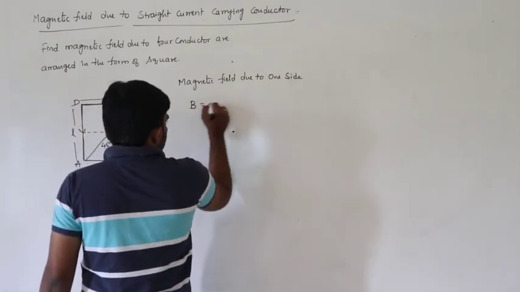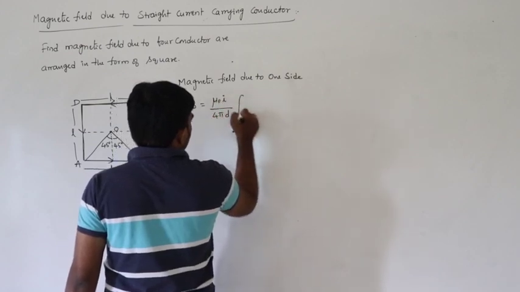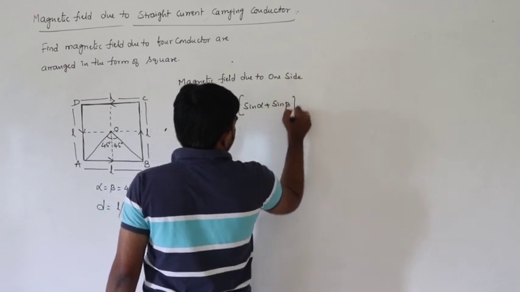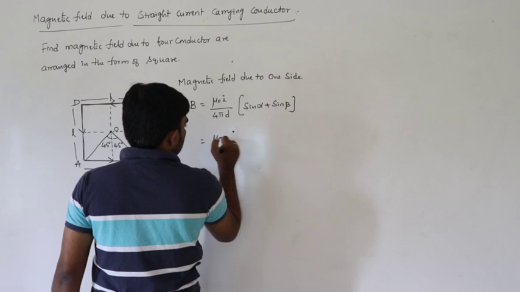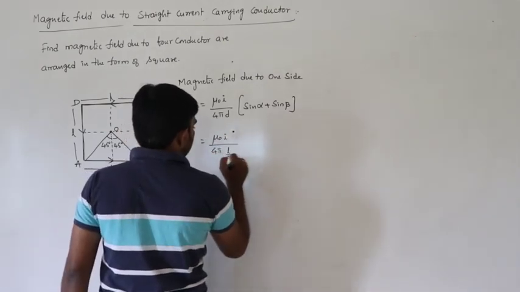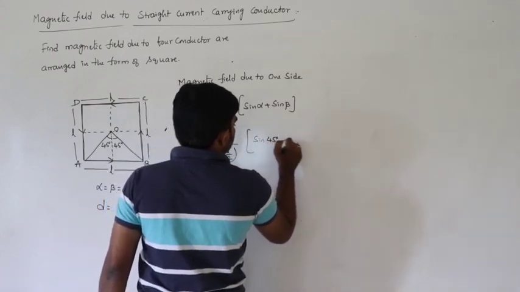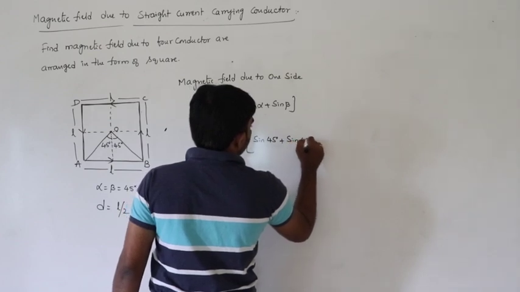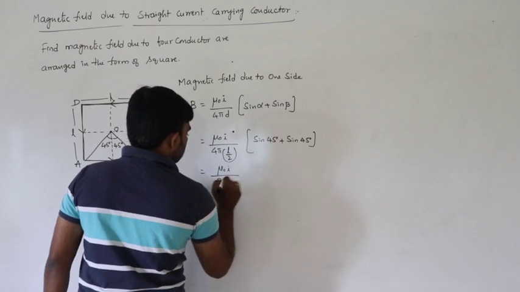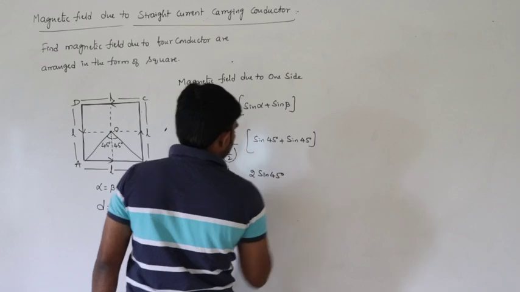So B is equal to the general formula mu naught I by 4 pi d into sin alpha plus sin beta. That is equal to mu naught I by 4 pi into D, which is L by 2, so sin 45 plus sin 45. That is equal to mu naught I by 2 pi L into 2 sin 45.